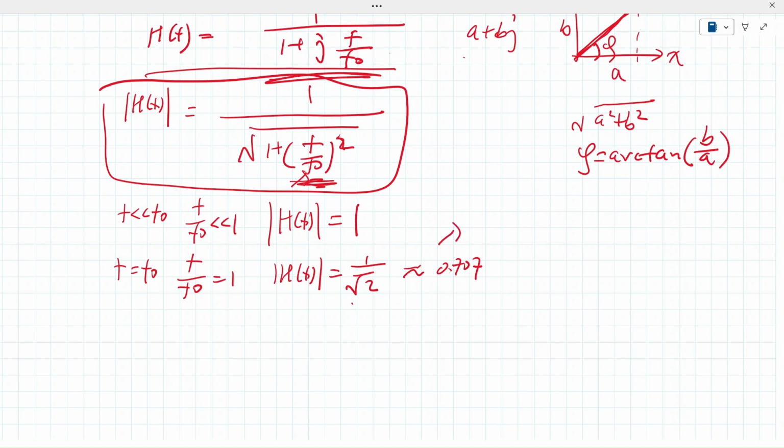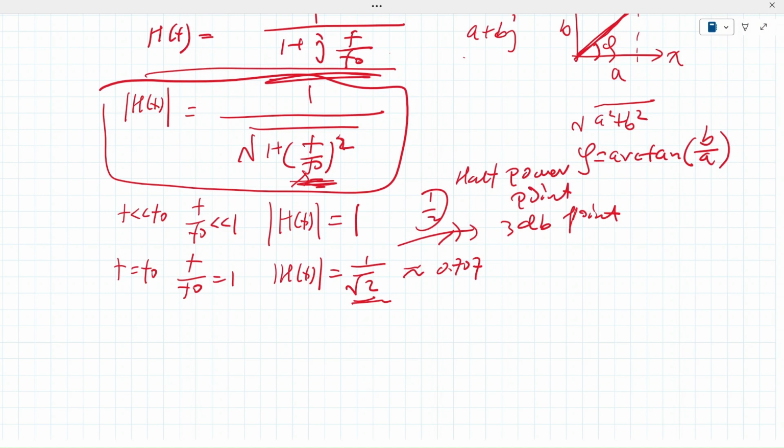Because this is the amplitude, if we talk in terms of power, you just square the amplitude, and you get 1/2 instead of 1 over square root 2. So we call this the half power point. Sometimes people also call the cutoff frequency the 3 dB point. They basically all mean the same thing.